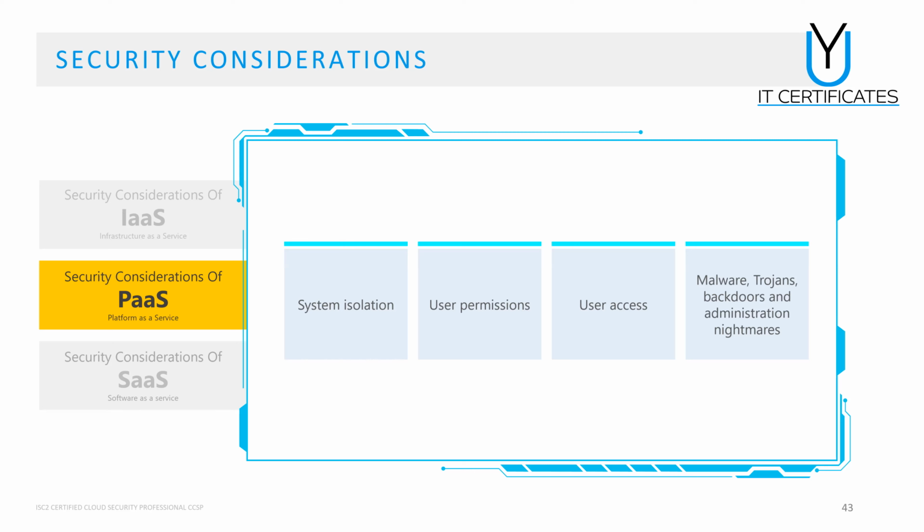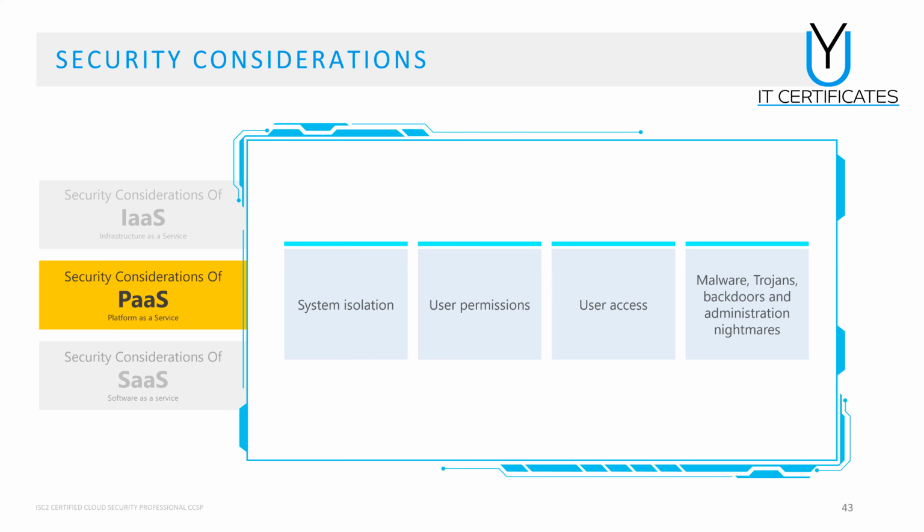User access is an important issue, and it's related to how the user will access the applications, the developed application, or the service which you provide to him. The authorization, the authentication.